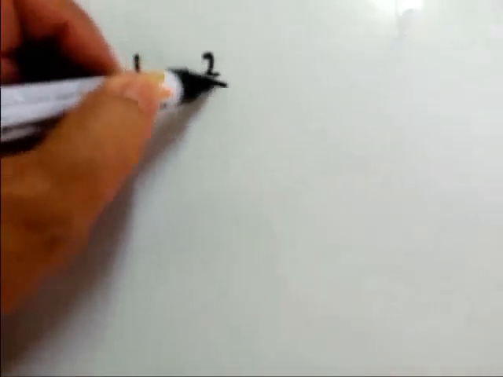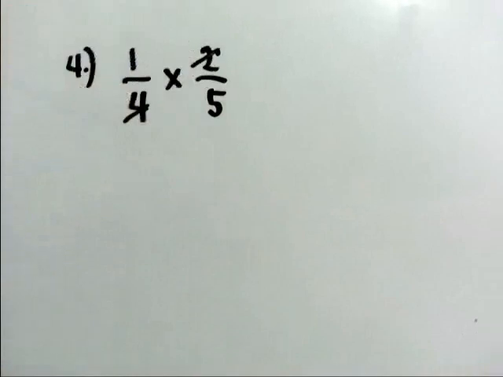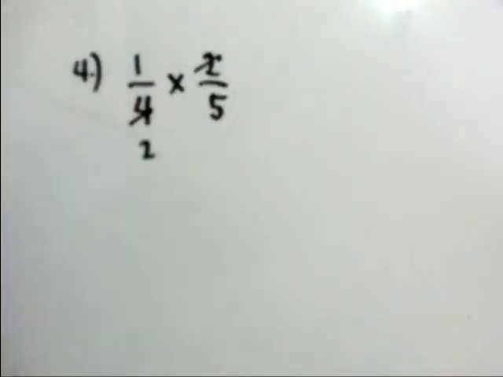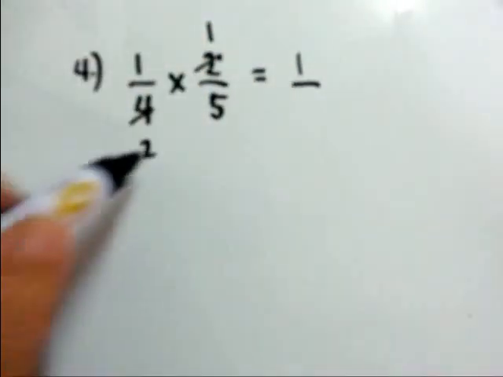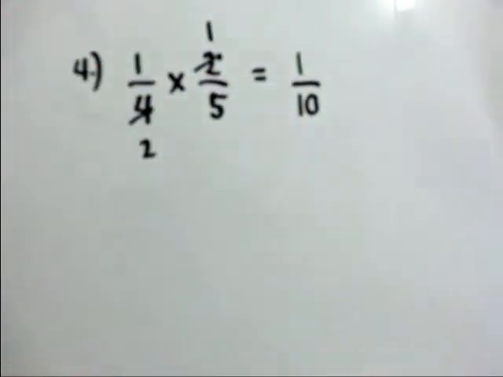Let's solve. 1/4 times 2/5. 4 and 2 are divisible by 2. 4 divided by 2 equals 2. 2 divided by 2 equals 1. So we have 1/2 times 1/5. We multiply. 1 times 1 equals 1. 2 times 5 equals 10. And our answer is 1 over 10. Mr. Lim spends 1 over 10 or 1/10 of an hour for marching in place.